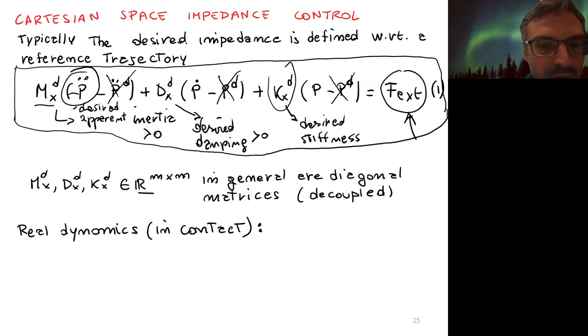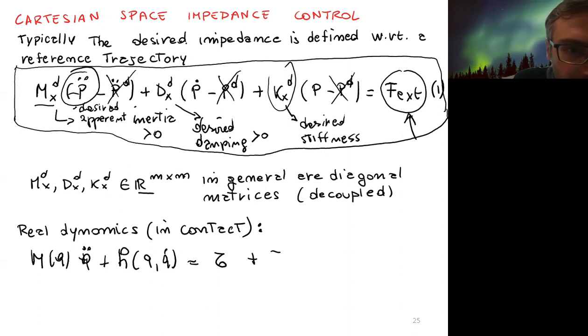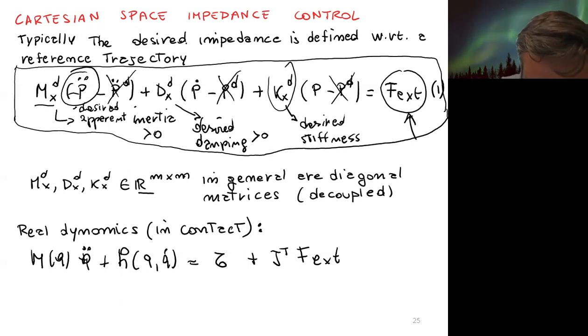And so if we have our real dynamics, that is the one we started to introduce in the constraint dynamics class, we have the free motion part, plus the external contact forces that are entering in the equation through the Jacobian transpose.